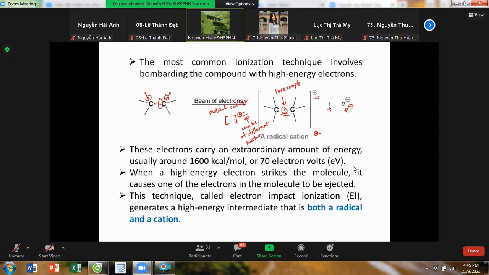Không cần phải impact được rồi, thường gọi là electron ionization thôi. Electron ionization, EI. It will generate a high energy intermediate that is both radicals and cations. We call this one radical cations.